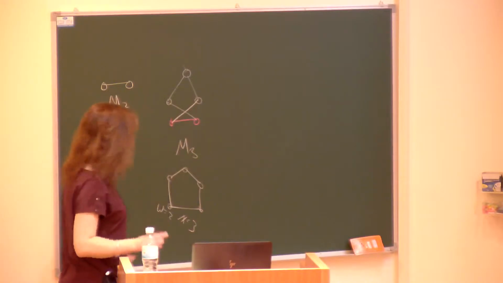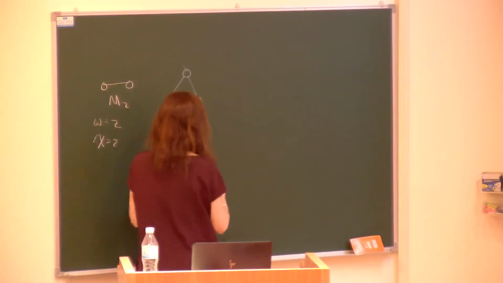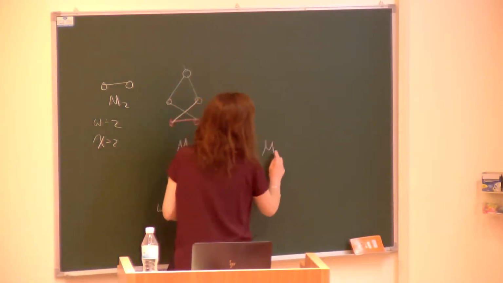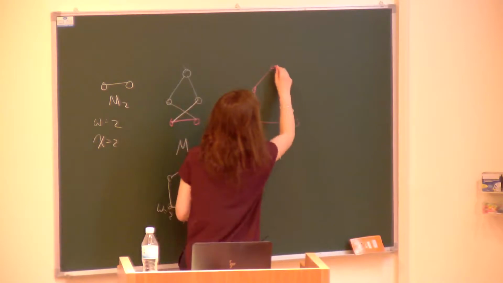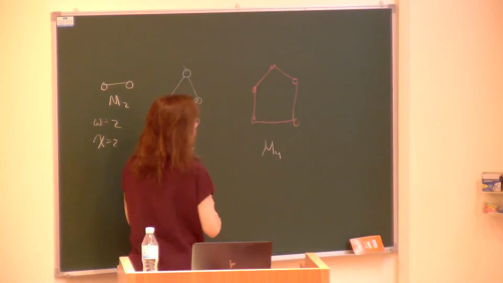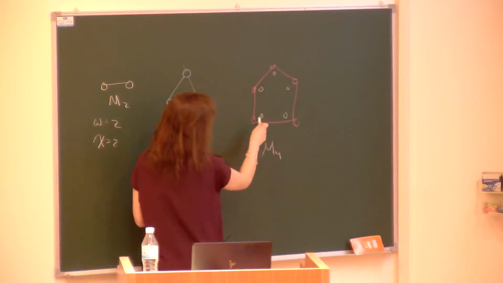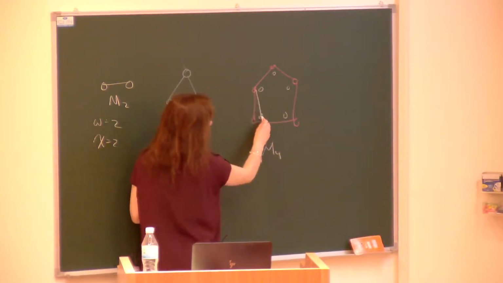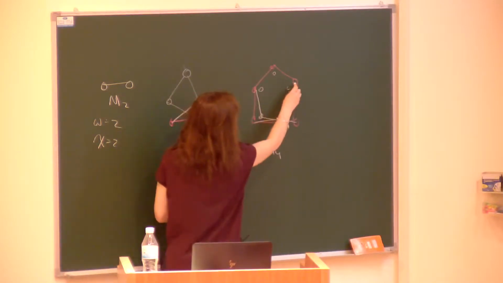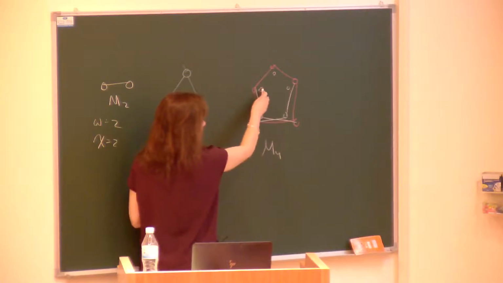Just to make sure we get it, let's do one more step. Now we're building M4. We start with a copy of M3. You duplicate vertices. His neighbors are exactly the same as his neighbors. And so on.